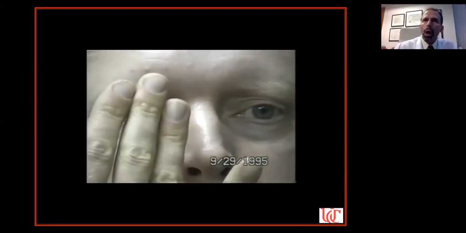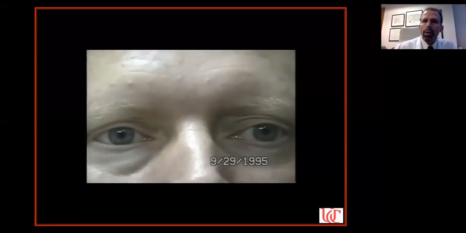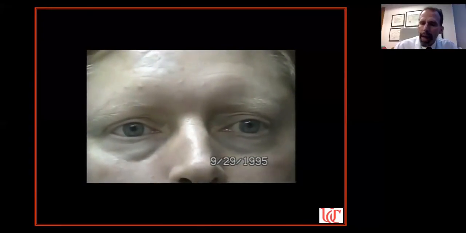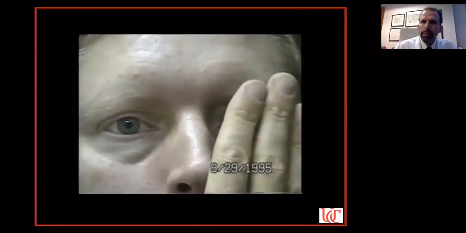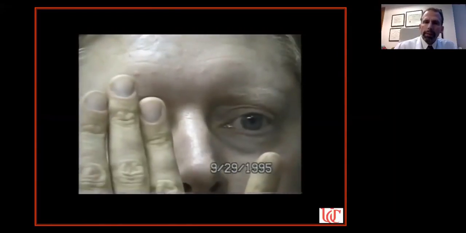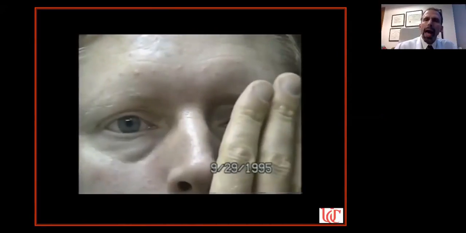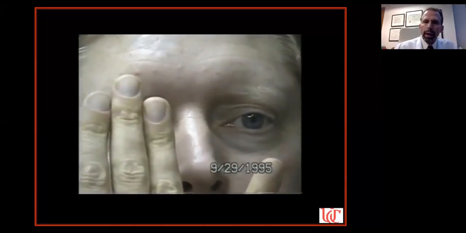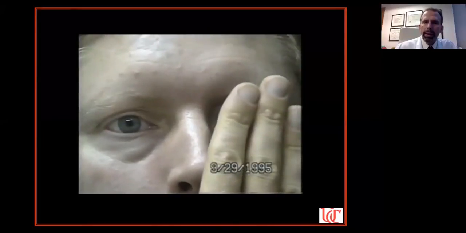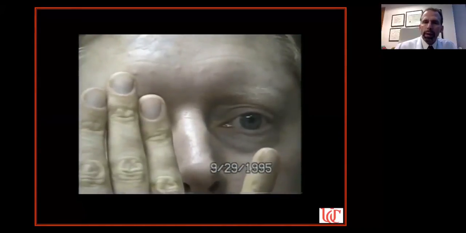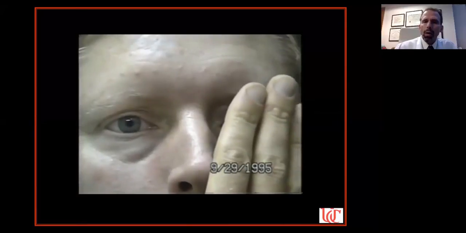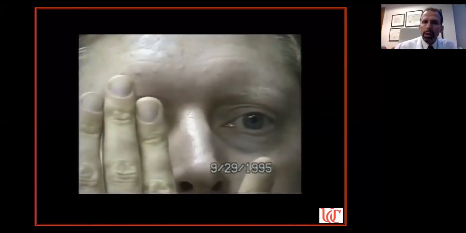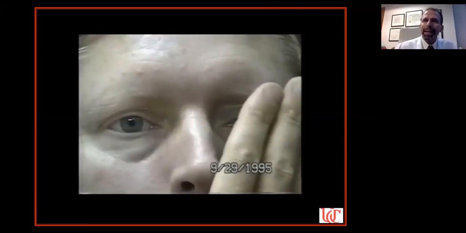He is orthotropic. Now, I'm going to demonstrate the same patient with a cross-cover test. So here's the cross-cover test. What's the difference? The difference is you're not allowing the patient to regain fusion. And clearly, when you do a cross-cover test, you now see obvious eye movement, and the eye is moving inward. So this person has an exophoria, a latent misalignment.